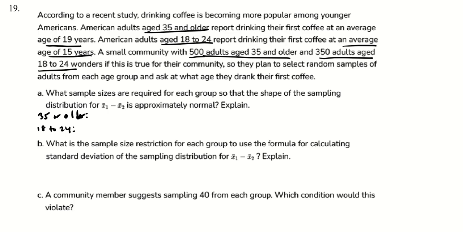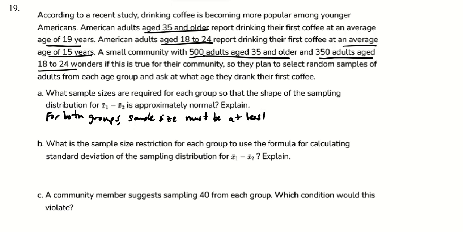I guess we could say for both. Okay. Let's just say for both. For both groups, the sample size must be at least 30 for the distribution x bar 1 minus x bar 2 to be approximately normal.